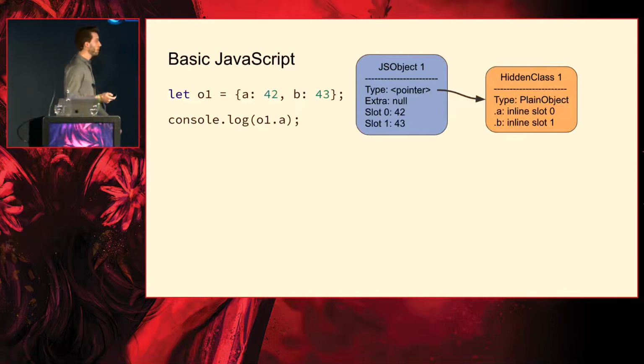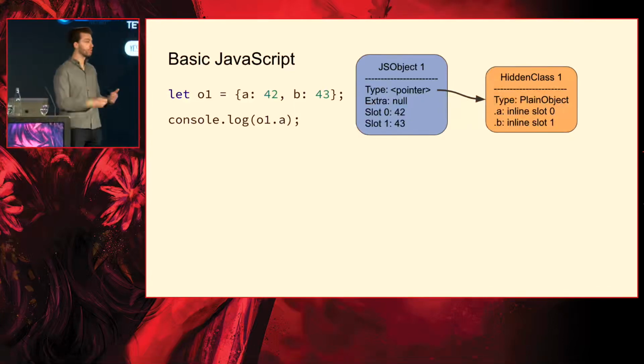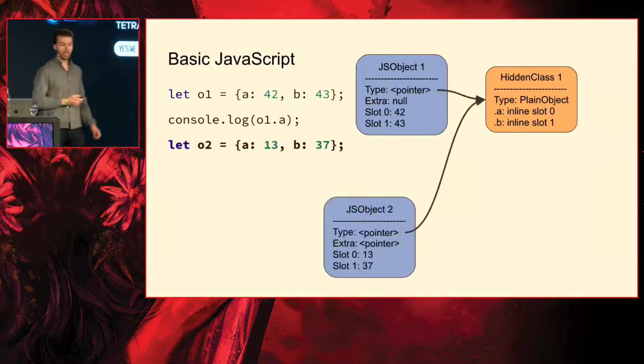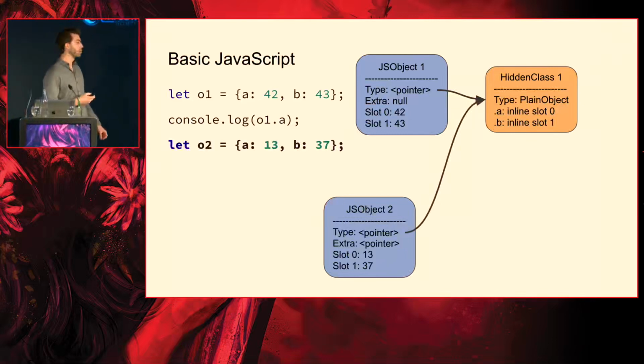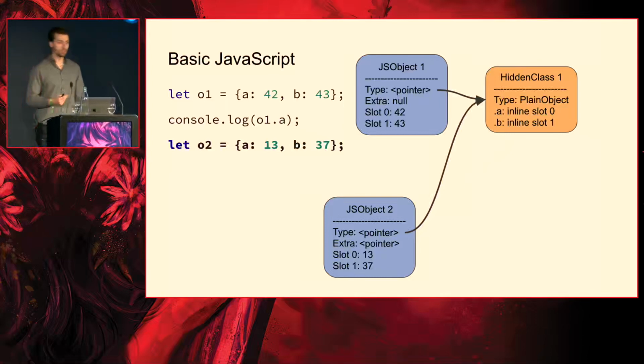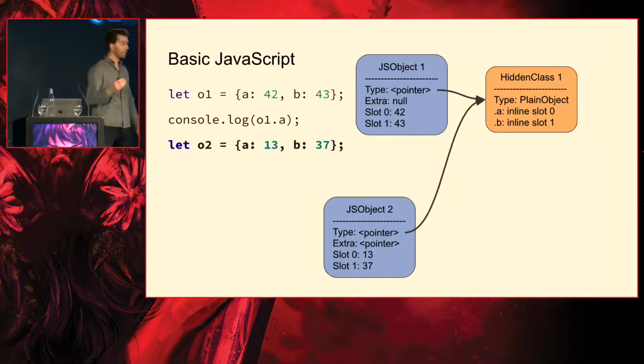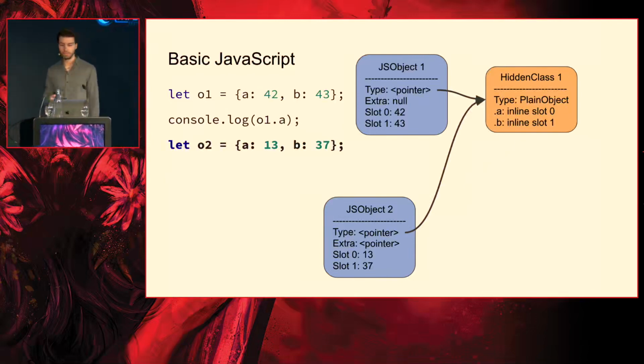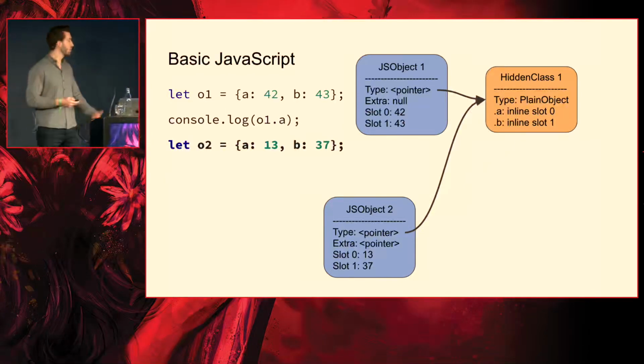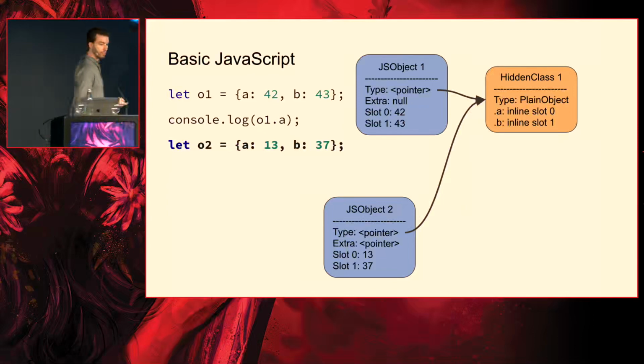Now, one of the main reasons for separating object and type is that you can share those type objects. So if we were to create another similar looking object with, again, A and B properties, it can point to the same hidden class in memory. And so you save some memory, for example.